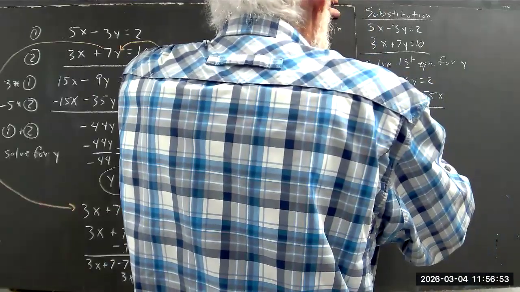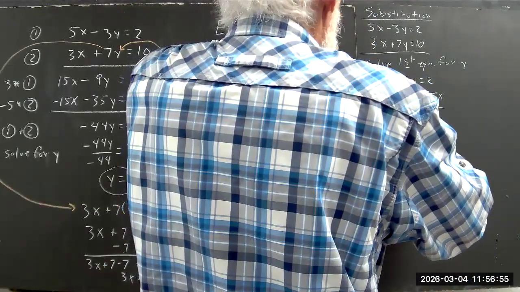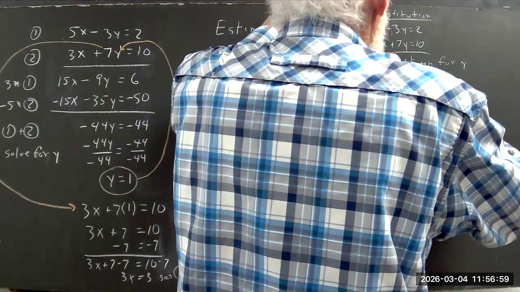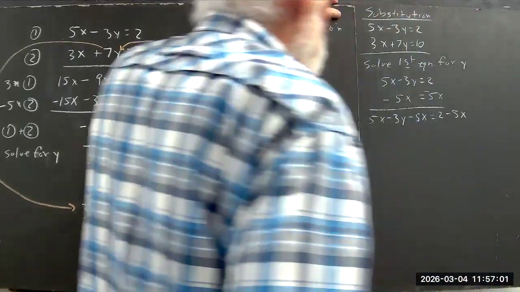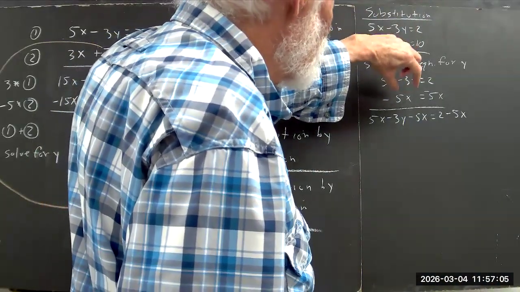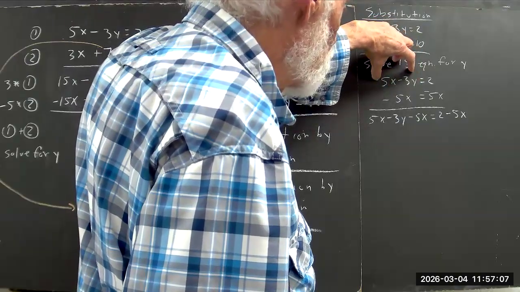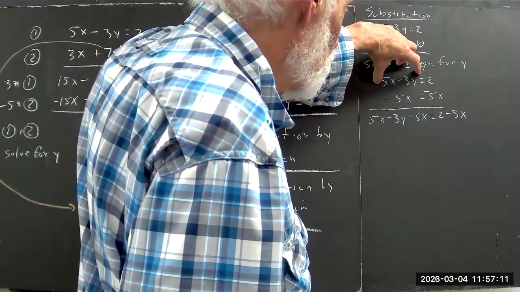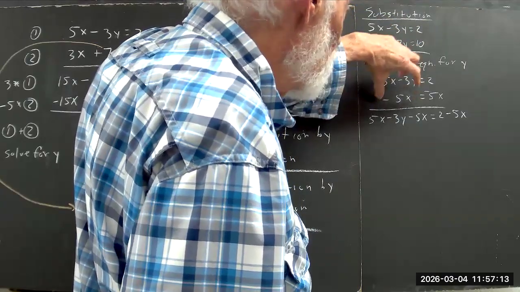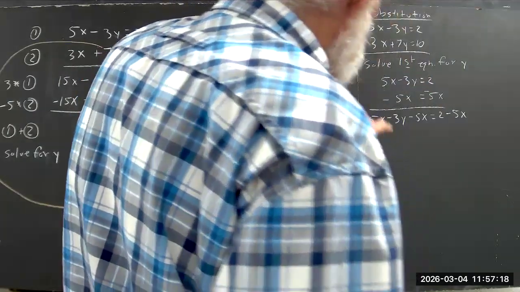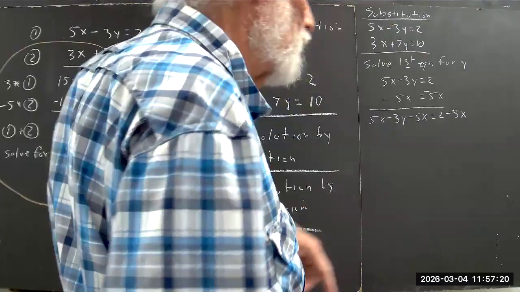Then I write out the equation 5x minus 3y minus 5x equals 2 minus 5x. And that's exactly what I get when I add 5x minus 3y to the left-hand side of negative 5x equals negative 5x. I get 5x minus 3y minus 5x.